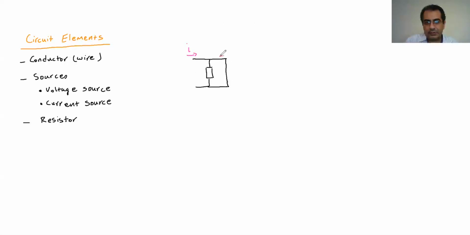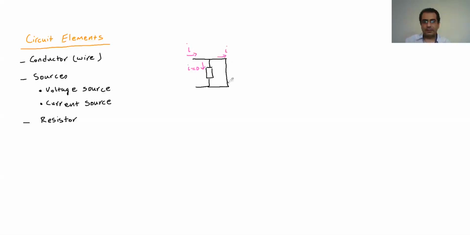So it's going to be I here, and the I through the element is going to be 0. Because in the ideal wire I don't have any resistance, all the current goes through that, and nothing goes through this element here.